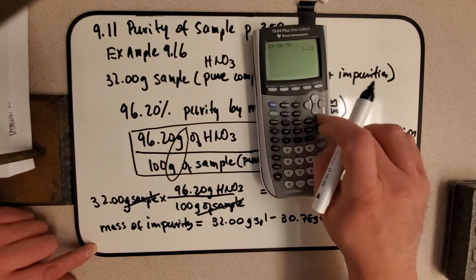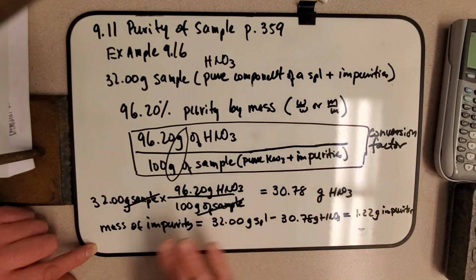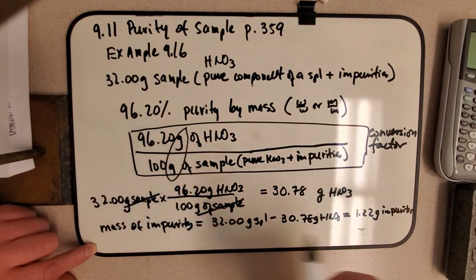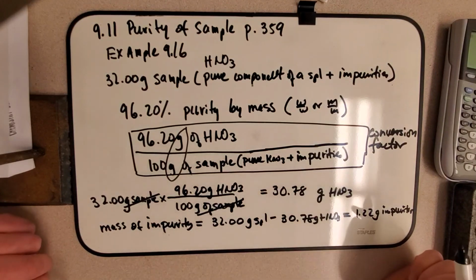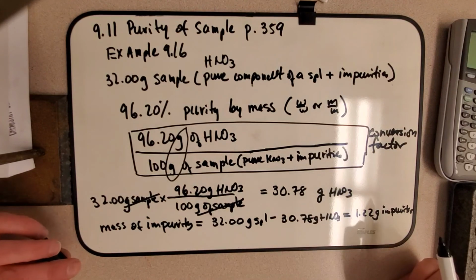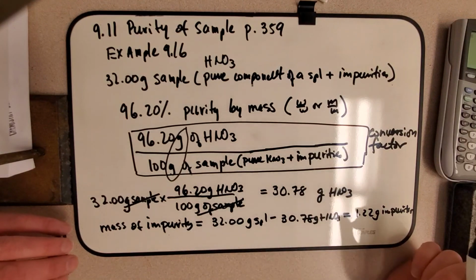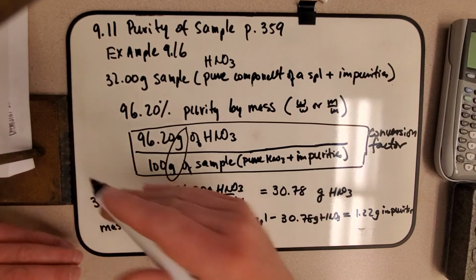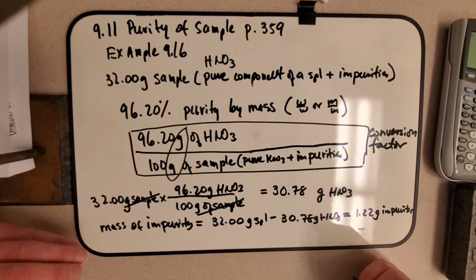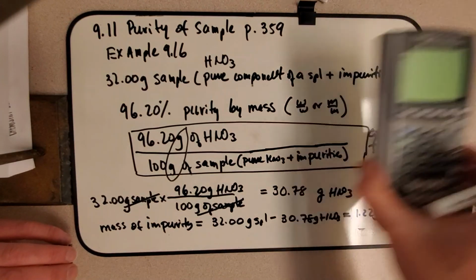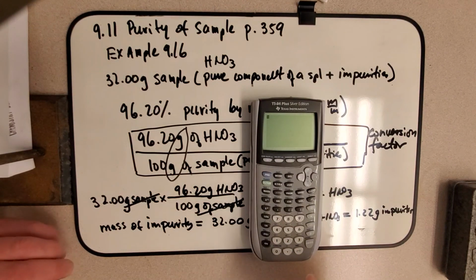What's another way of solving this problem, another way to get the grams of the impurities? You know that you have 96.20% of the whole thing. So you could have just subtracted 96.20% from 100%. You would have gotten the percent of impurity, and you could have created the conversion factor as we did for the pure substance and converted from the whole thing. Let me show you a better explanation here.